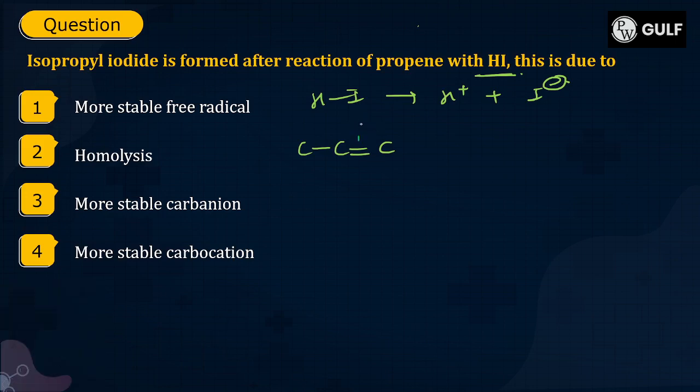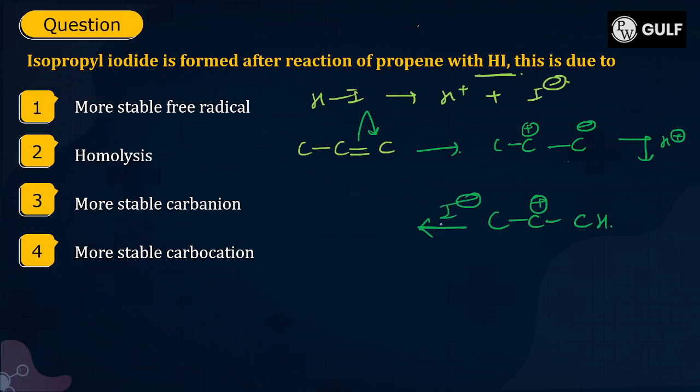The bond is broken like this, so we'll get C plus, C minus. Now to this, H plus will attack. To this, iodide will attack. We'll get C, C, CHI. So the reason is stable carbocation.